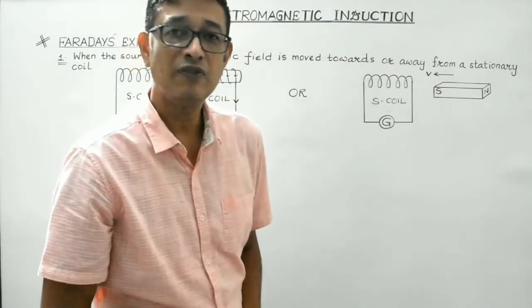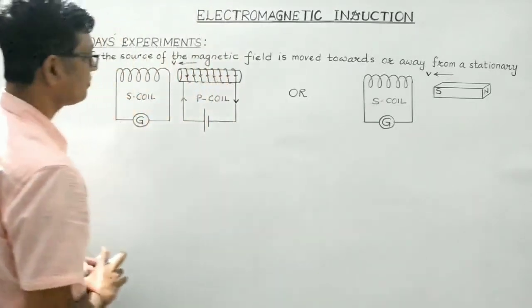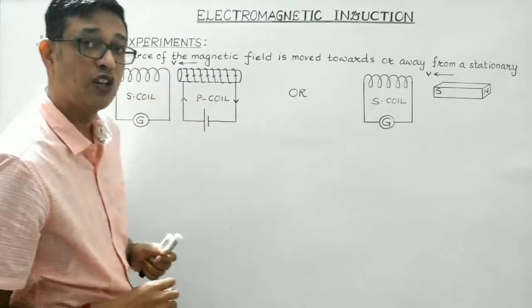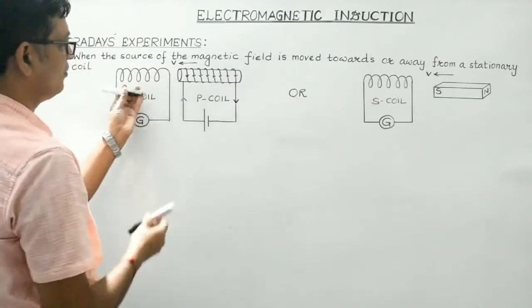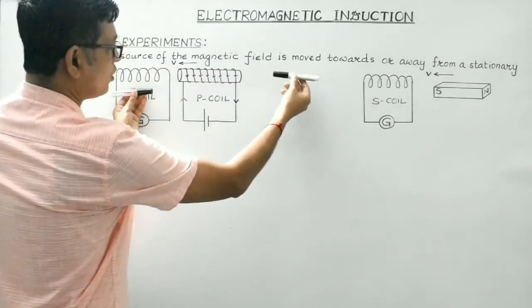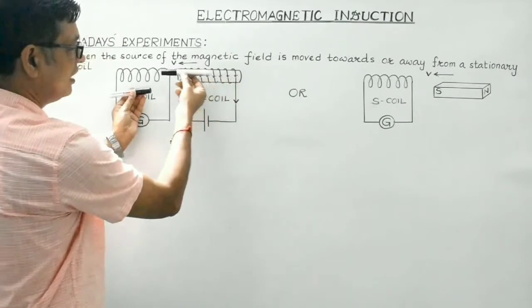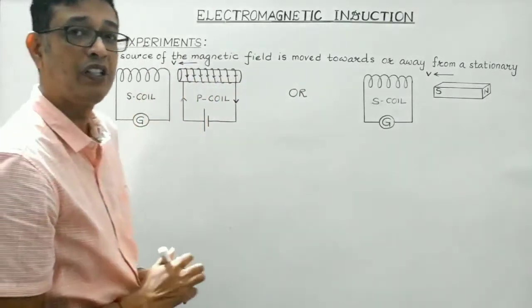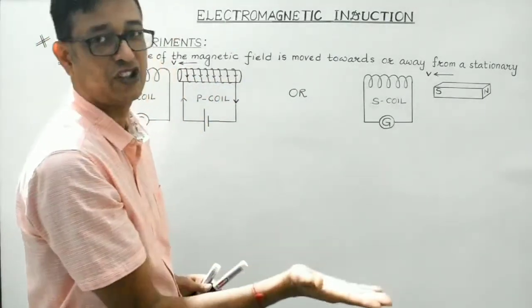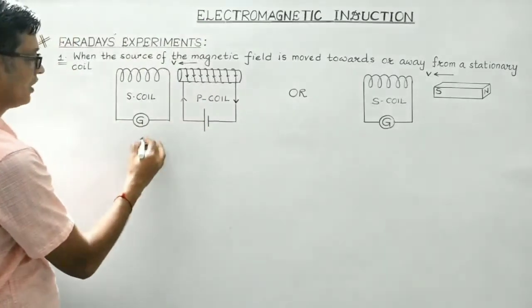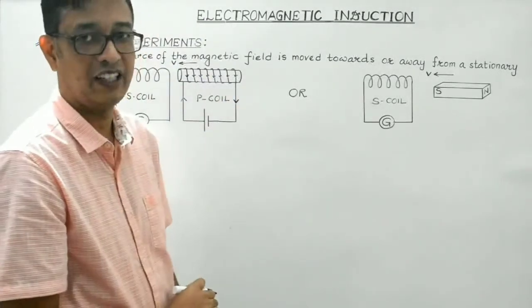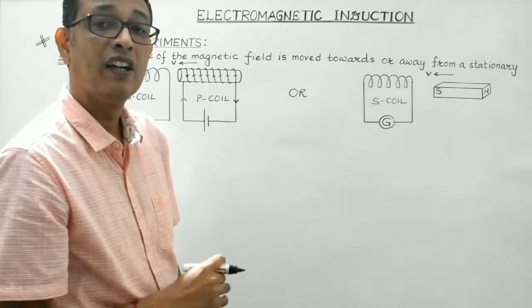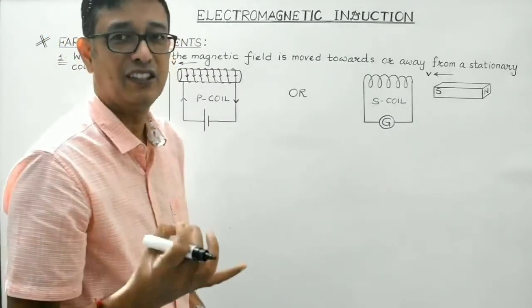Now students, what Faraday observed was, keeping the S coil stationary, if the P coil is brought closer to it, then the galvanometer gives some deflection, say towards right. The galvanometer is a sensitive device.